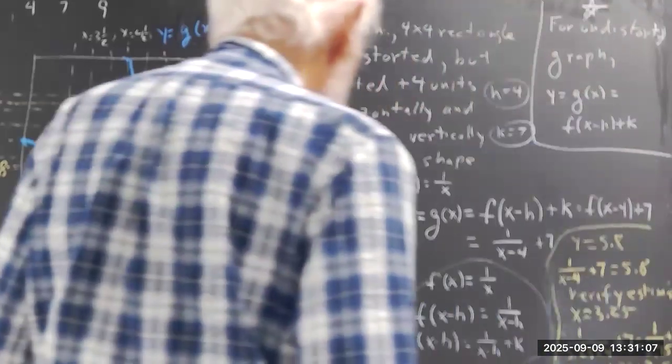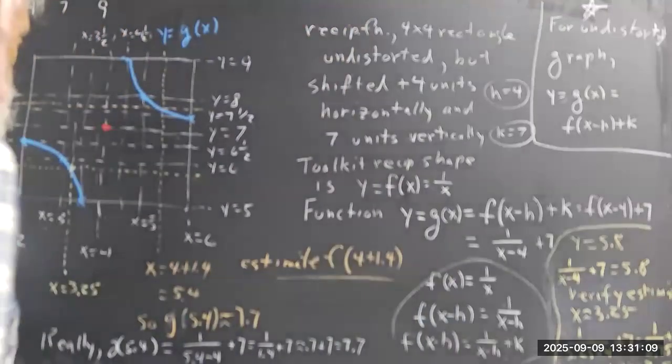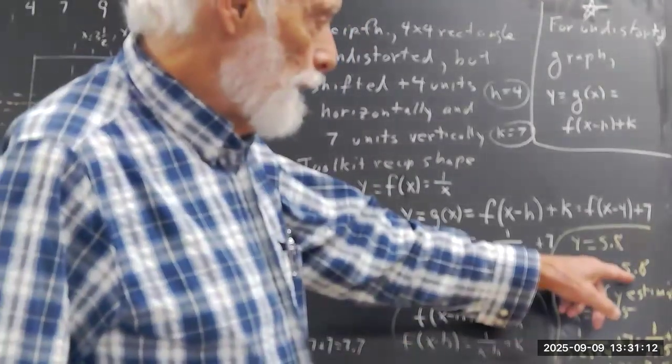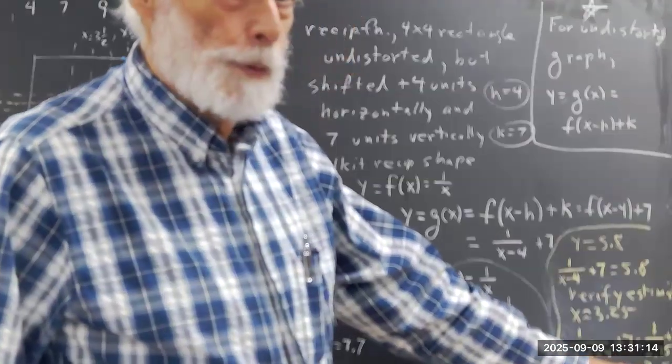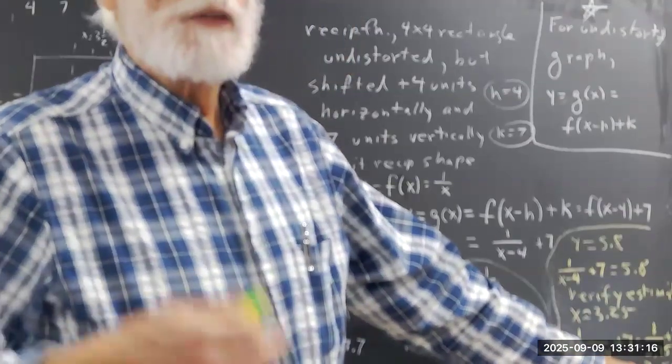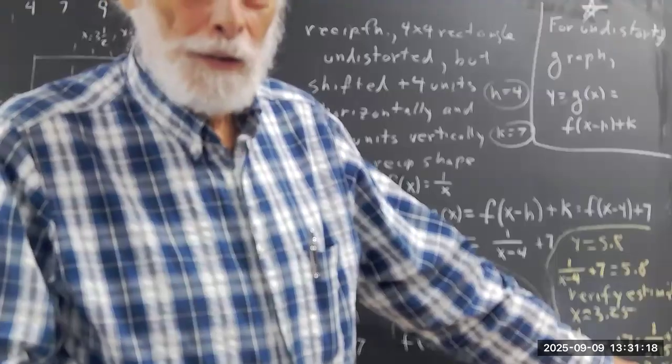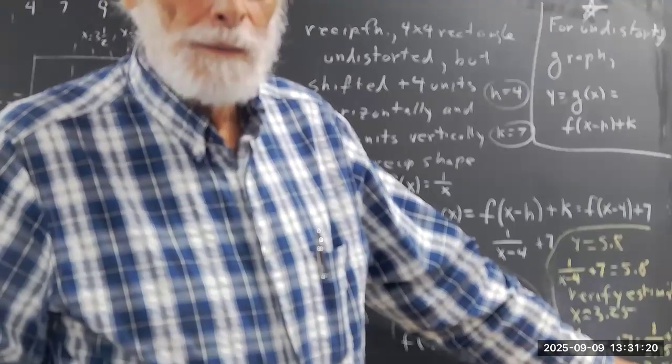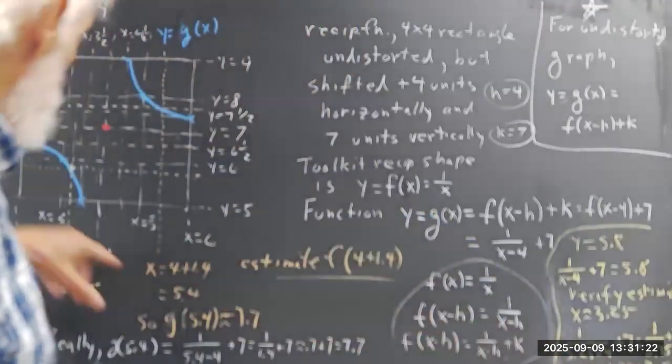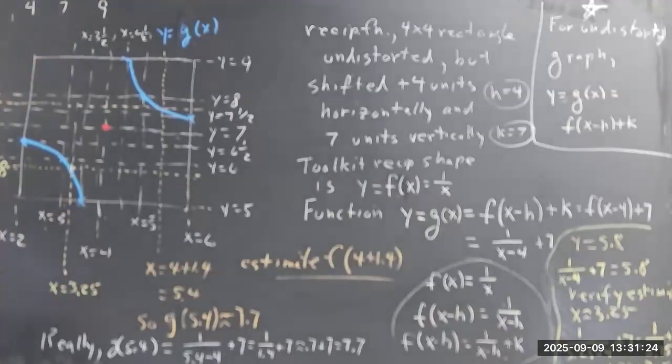You can verify the numbers. Okay. So it was supposed to come out 5.8. It came out 5.67. If you round that to the nearest tenth, it comes out 5.7, which isn't bad for 5.8. Okay. Make sense?